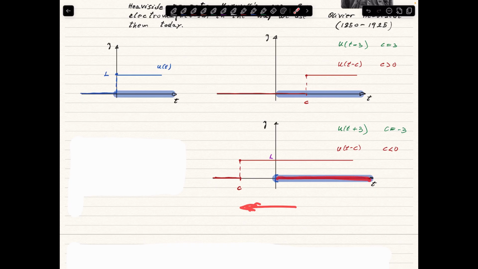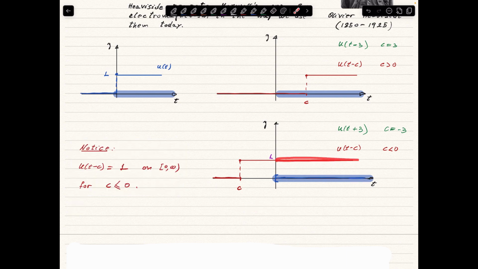We are integrating in this region, so on that region the step function is identical to the function 1. So for the purpose of computing the Laplace transform, the function 1 and the step shifted to the left are the same.